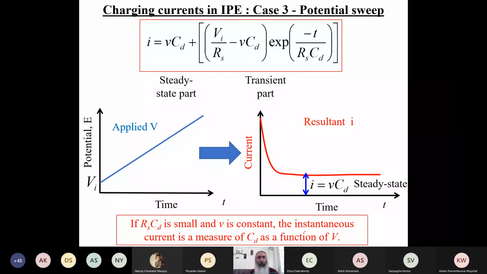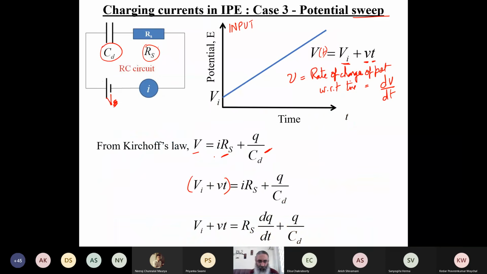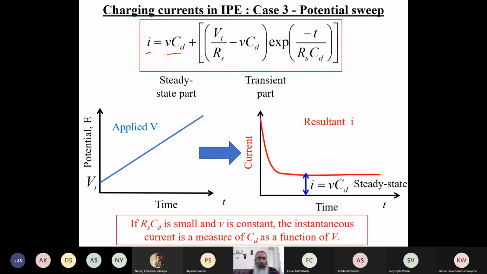So the final form would be that current is now equal to nu Cd, because you have a new component coming here. The nu is nothing but dV by dt, the rate of change of potential. So the new component comes in, so that it becomes equal to nu Cd plus Vi by Rs minus nu Cd, exponential minus t by Rs Cd.